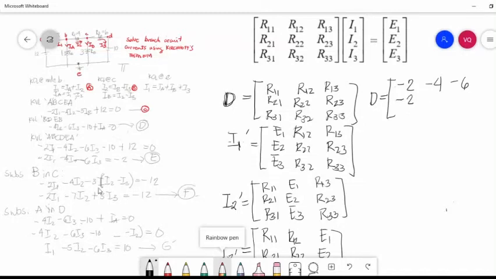R22 is negative 7. R23 is 3. R31 is 1. R32 is negative 5. And R33 is negative 6. Okay?